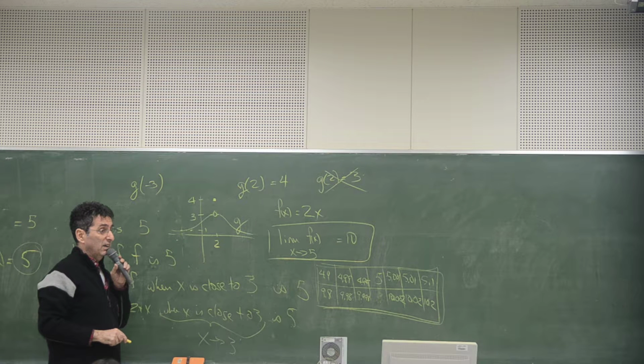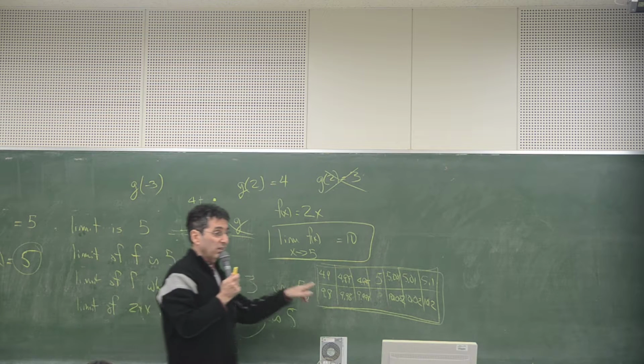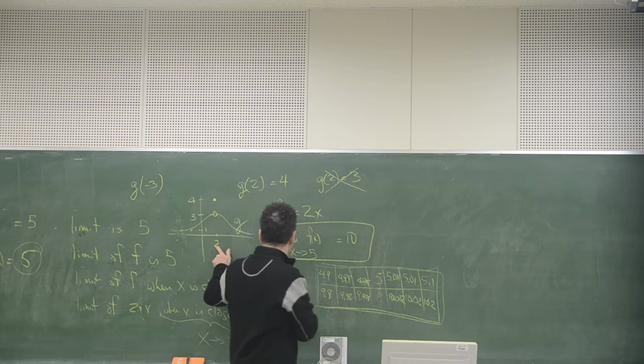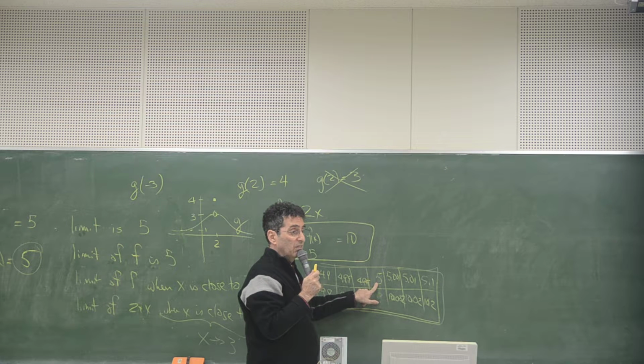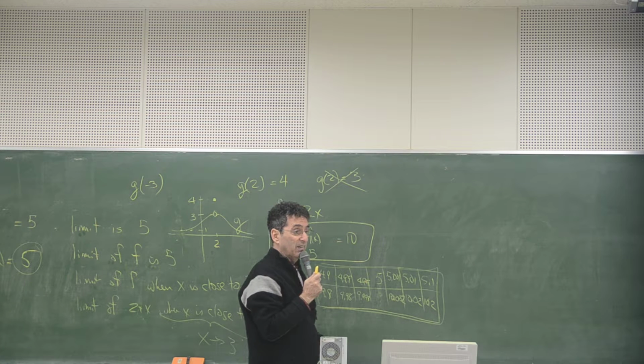But what's the limit? The limit is, if you play that game that we played over here, which is you take values closer and closer to 2, not closer and closer to 5, but closer and closer to 2, what would you guess it was? And I don't think anybody would guess that it would be 4 if you did that.